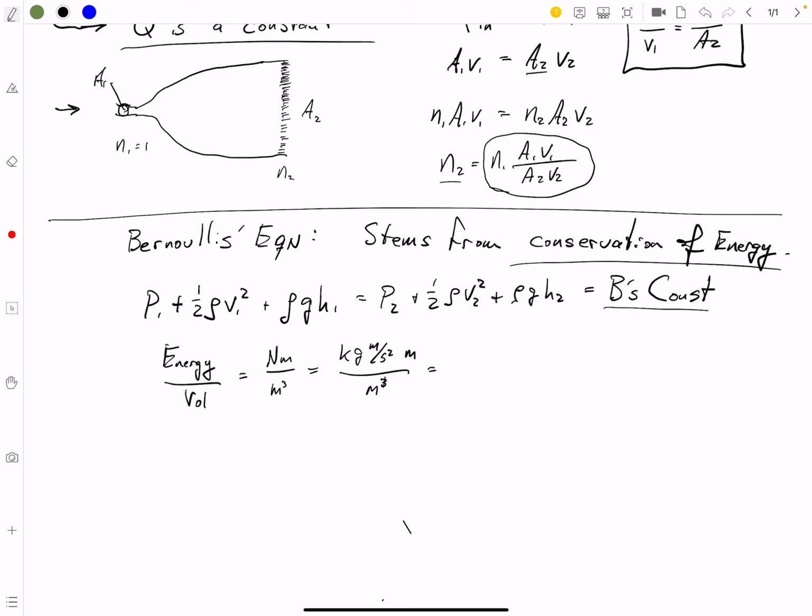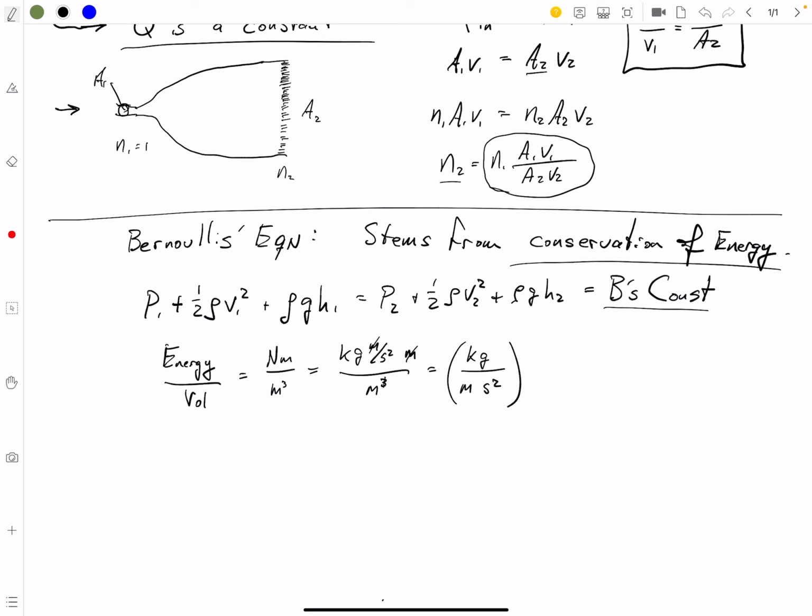We'll get rid of the other two, and we're getting rid of the 2 on top, so we're left with kilograms per meter second squared. And that should hopefully equal what I said in my notes that I posted.